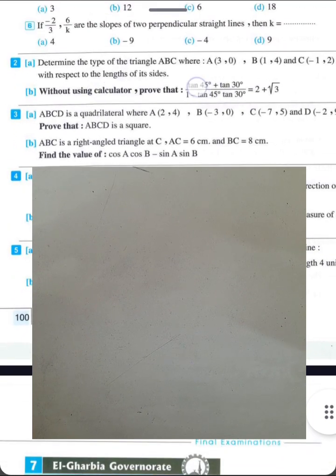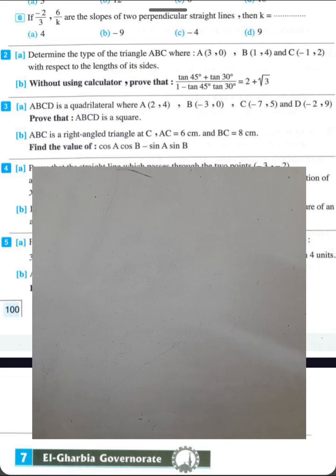Question 3, letter A. We have A, B, C, D. Prove that A, B, C, D is a square. We can prove that by using any method you like. We can find the lengths of AB, BC, CD and the 2 diagonals, and prove that all sides are equal in length and the 2 diagonals are perpendicular.